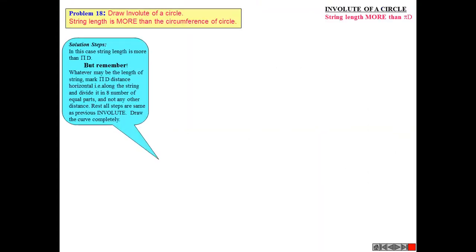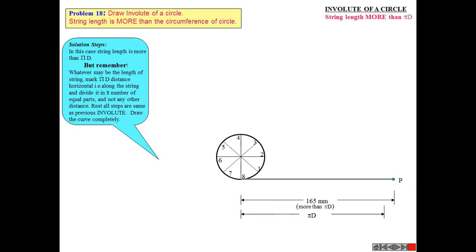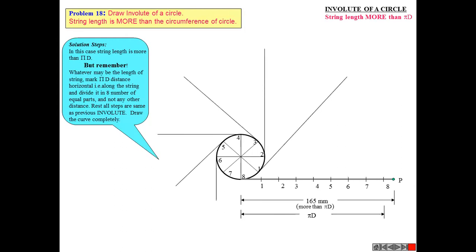Fine. Now this is string length more than pi d. Same method, but what happens? The string length is more than the perimeter. If we compare all these three curves, they are parallel to each other.